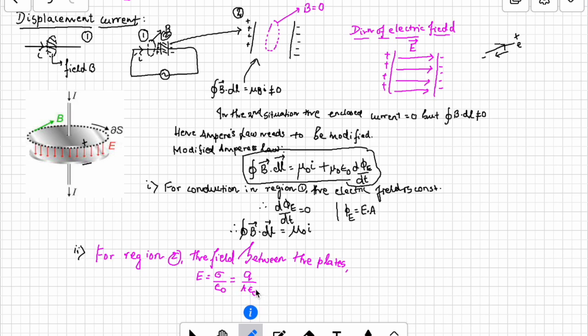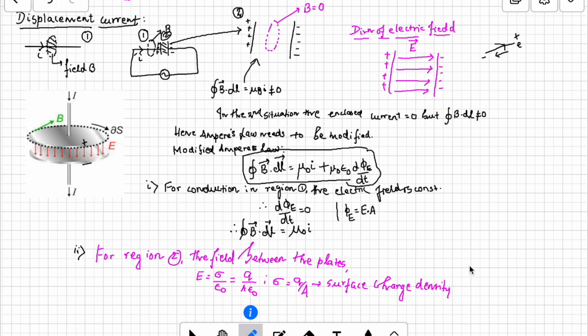So I can write it like this. Please remember this: sigma is equal to Q divided by A. You might have done it in your lower classes, so this is a result that you should actually remember. And this is something which we call the surface charge density.